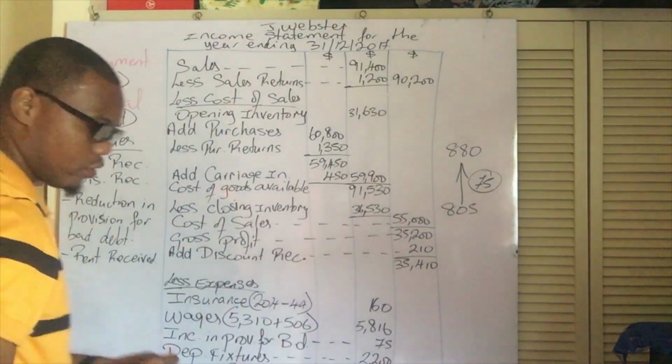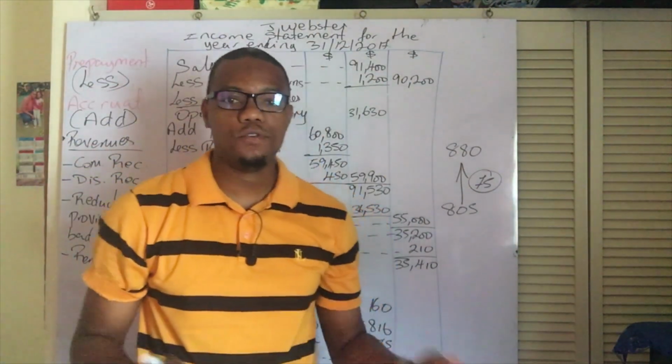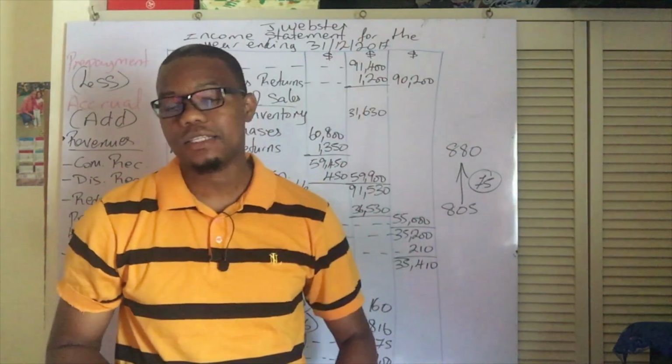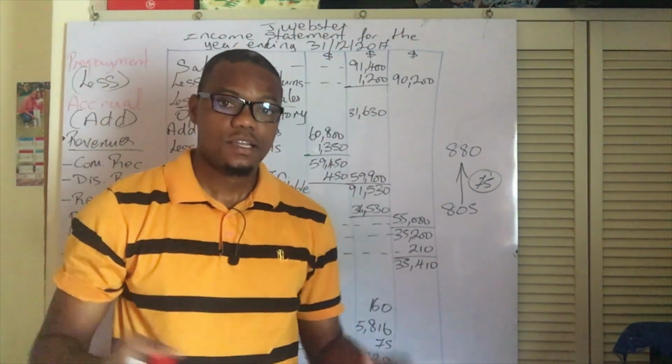Right? So now that I have used all my items in my footnote, I can go back to the trial balance and put in the other expenses that I see.